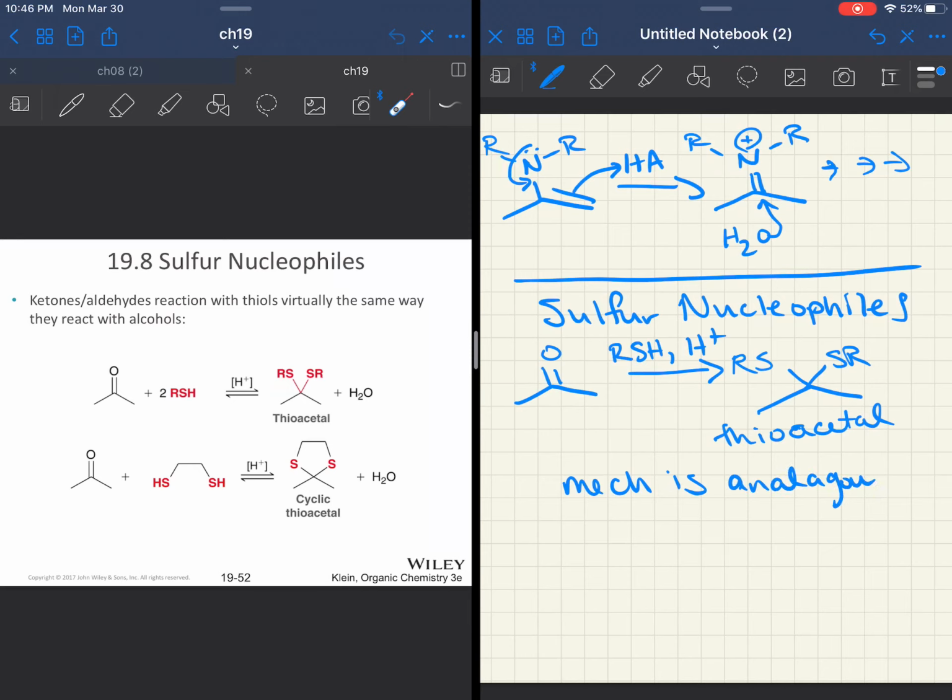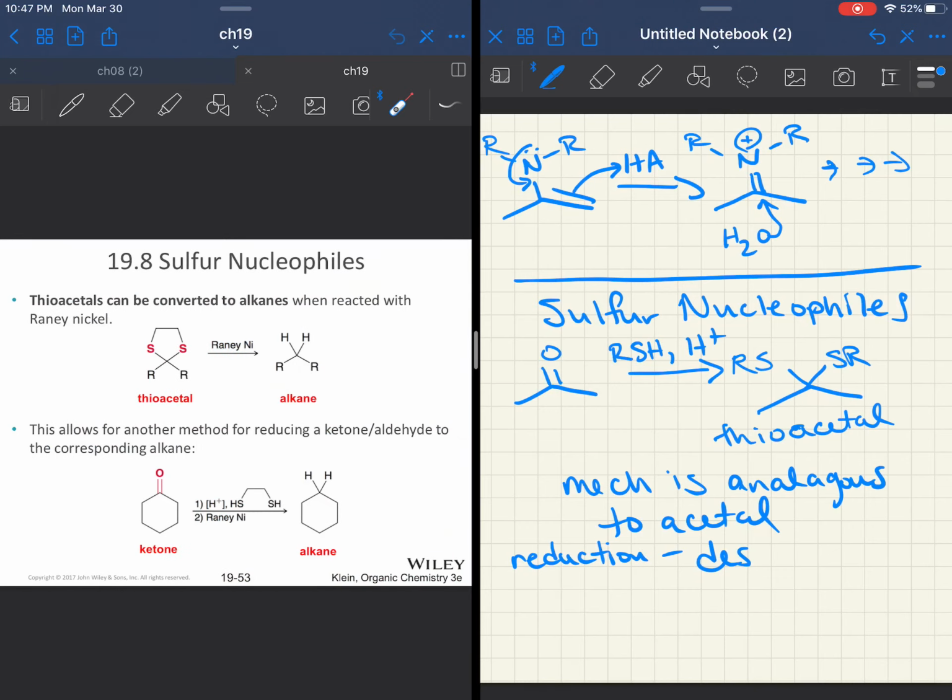This mechanism is analogous to acetal, right? There is nothing different except there is sulfur instead of oxygen, so I'm not going to step through that one here. You can also make a cyclic thioacetal, just like you could with the oxygens. And instead of looking at how that's useful as a protecting group, we're going to look at a third reduction.